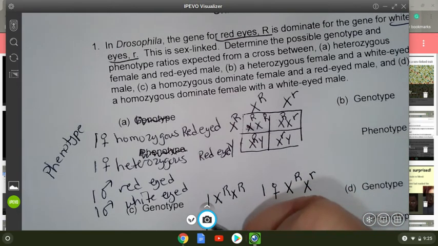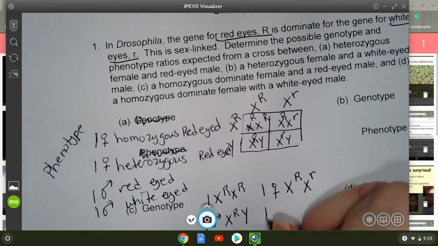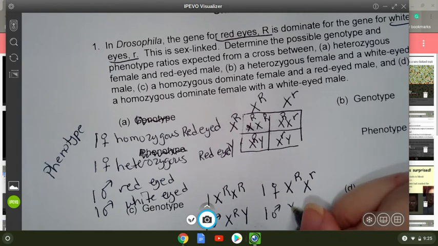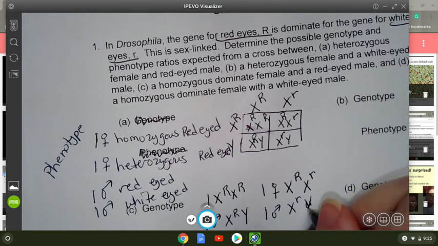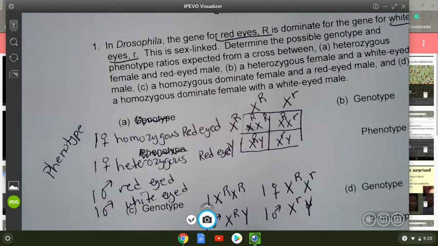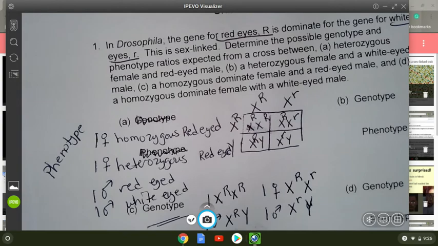Then here we have one male that's X big R Y, and one male that's big X little r Y. So this is my genotype, and these are my phenotypes.